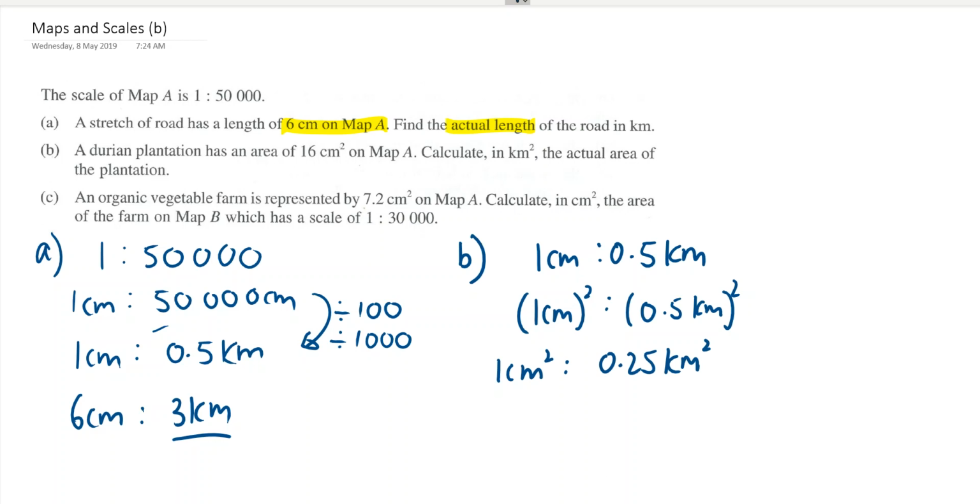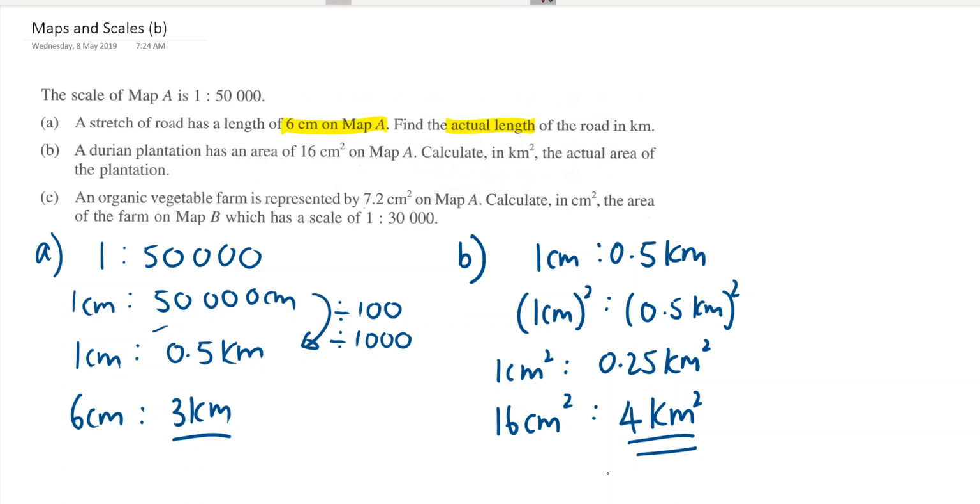So this is my scale for area. Then 16 cm square would be equal to 4 km square. And that is my answer for the second part.